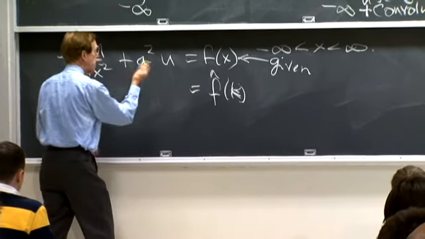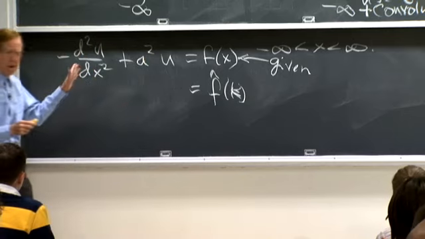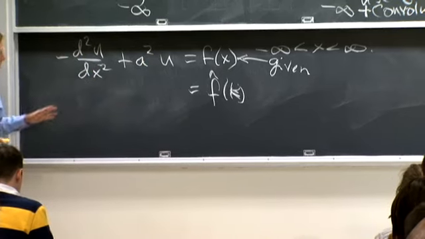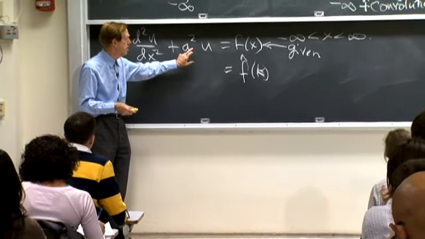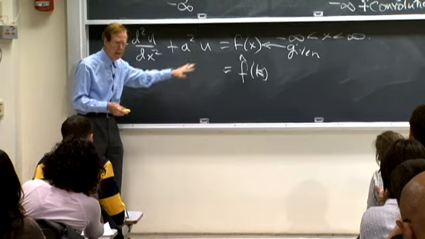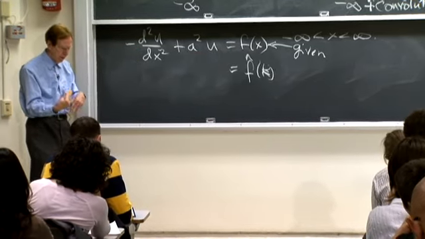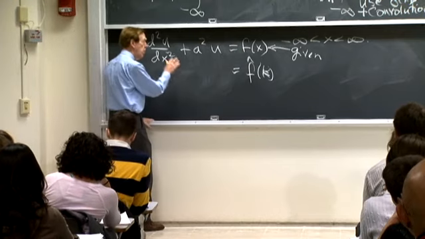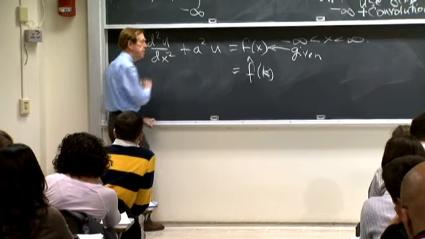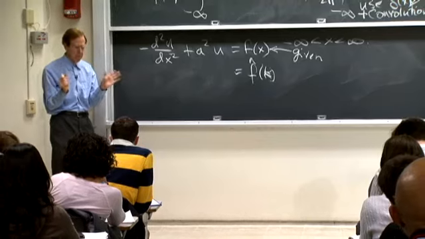Well, a is a constant. Yeah, a had to be a constant. Or I couldn't do it. If a depended on x, this would be some multiplication, and the transform would be a mess. Fourier applies when you've got constant coefficients and nice boundary conditions.